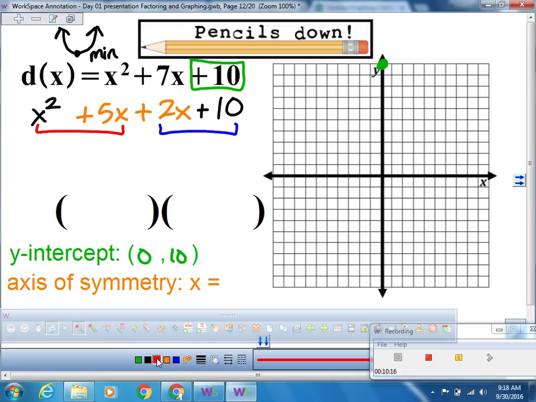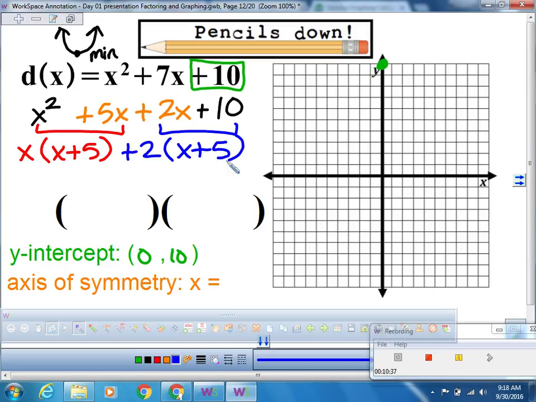If I just look at these two, they both have an x. So I'm going to factor out an x, and I'm left with x plus 5. Then over here, both of these have a 2. When I factor out a 2, I get an x plus 5. Do you notice that they both have x plus 5 in common?